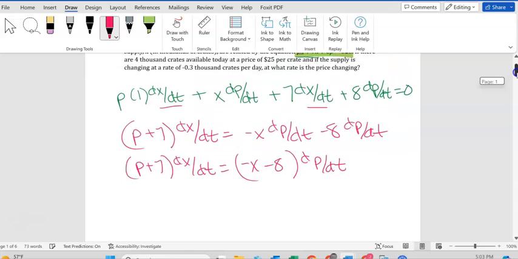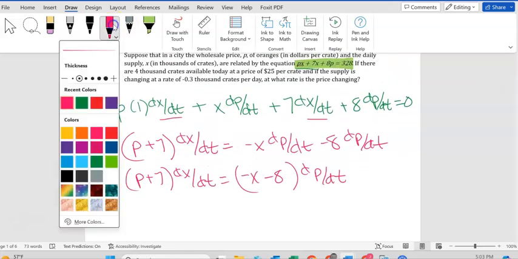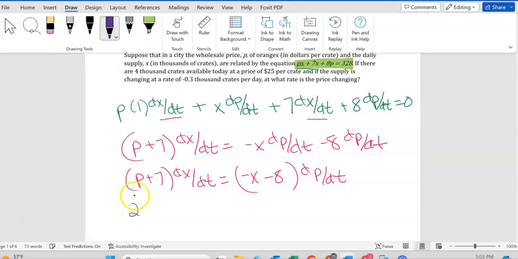Okay. Now I'm going to put in the information I've been given. I had to take the derivative, now I've got to put in the information that I was given. So P, I was told, was 25. Looking up here, this is P, here's x, so they told us what P and x are, and this here, the rate at which the supply is changing, is dx/dt.